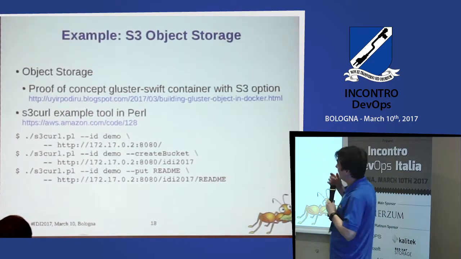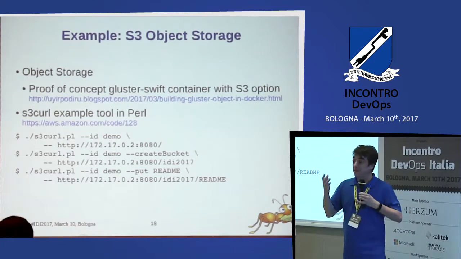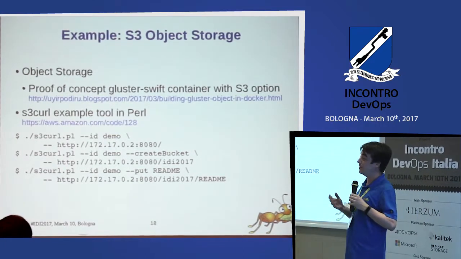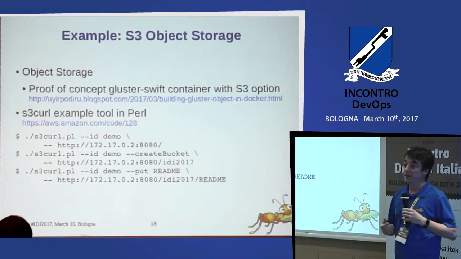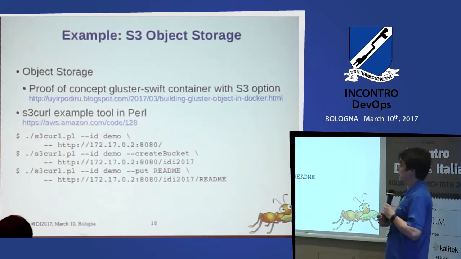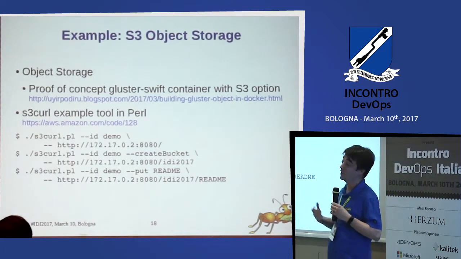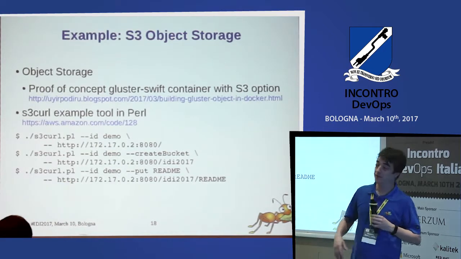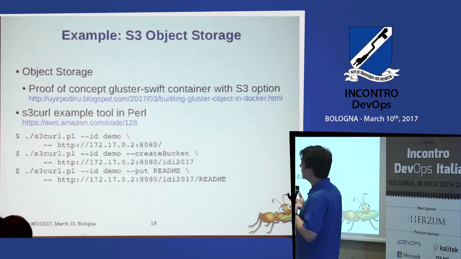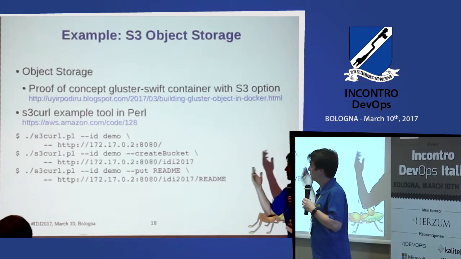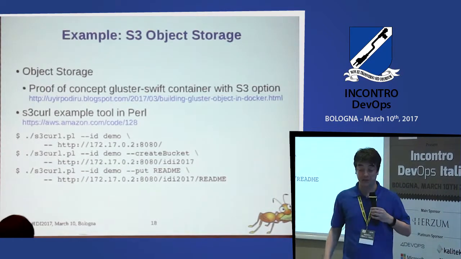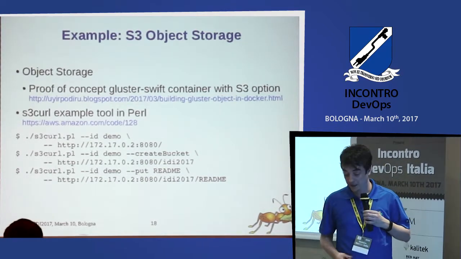Right, so S3 seems to be the new protocol that everyone absolutely wants to use for uploading their cat pictures in containers. But obviously you don't want to lose your pictures. So you store them on something durable, something resistant, and for that you can use Gluster, and people want to use Gluster in combination with S3.